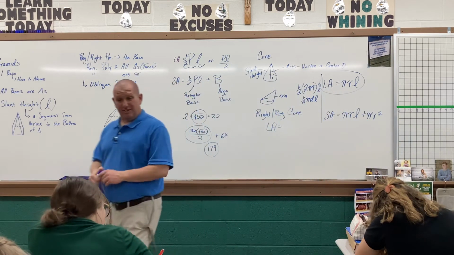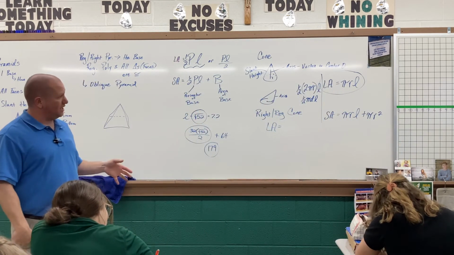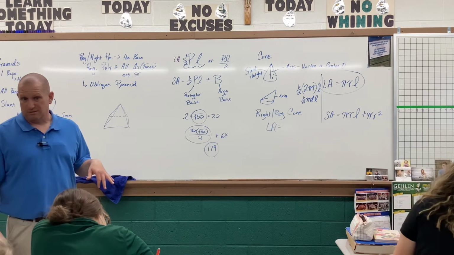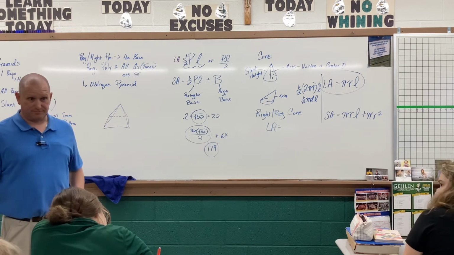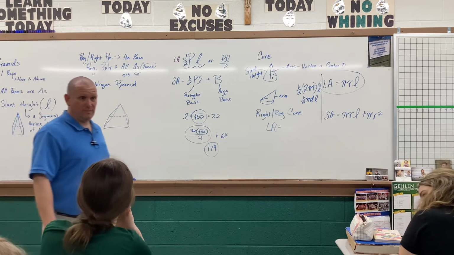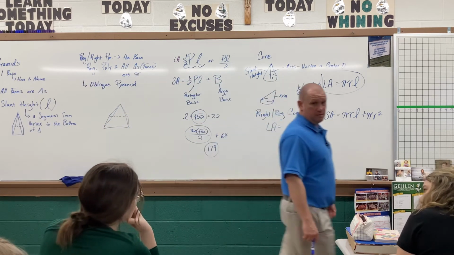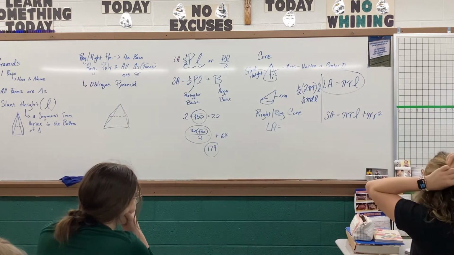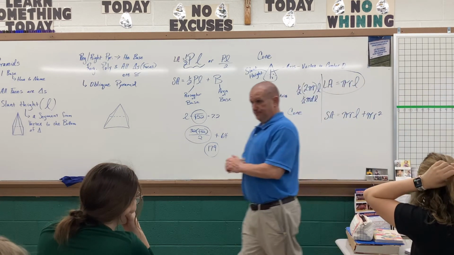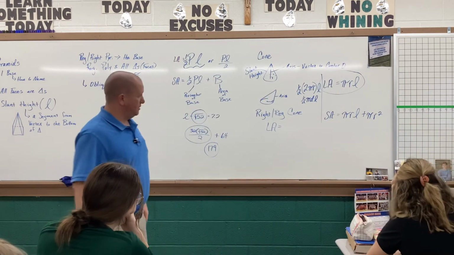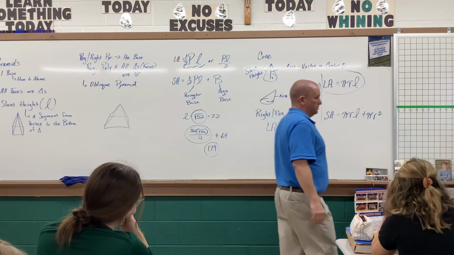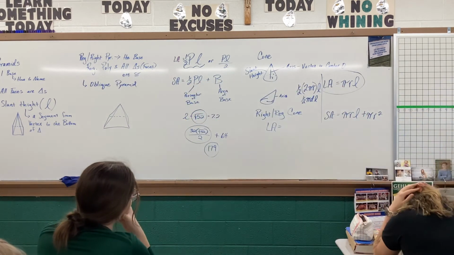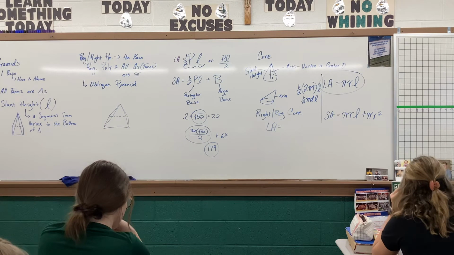So the surface area of a cone is pi r l plus pi r squared. There's a lot of equations. A lot of equations, you're right. That's the hard part for the test, to remember all those. So we simplify it to that. Any questions here?